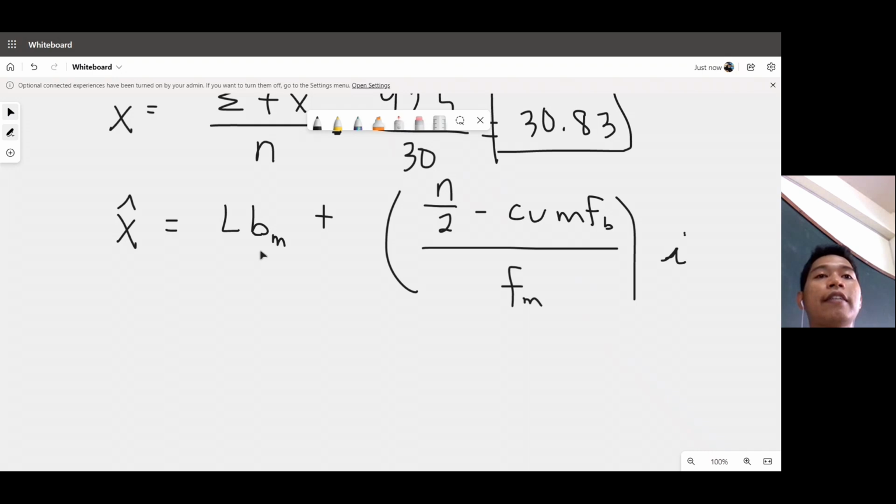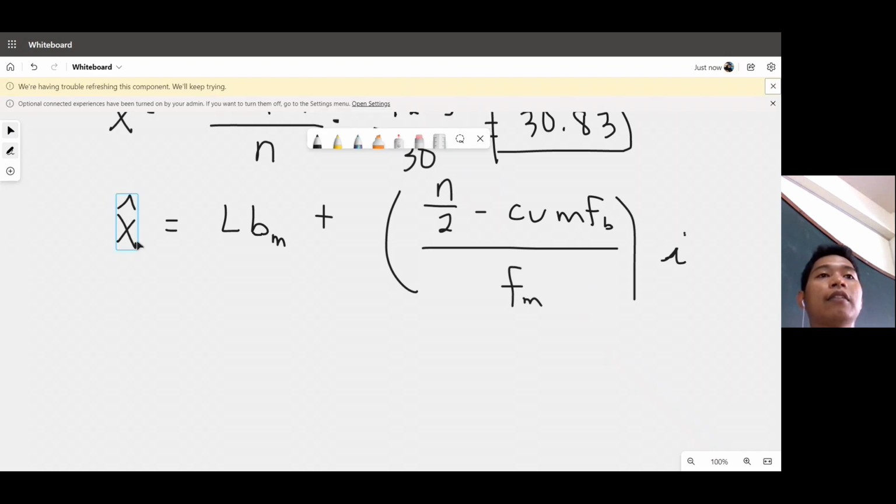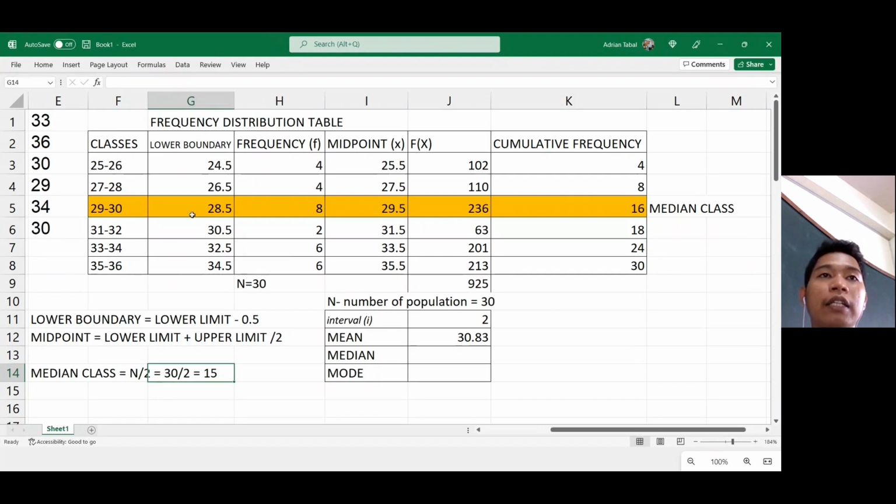Going back, x hat is equivalent to the lower boundary of the median class. The median class is the one highlighted. The lower boundary is 28.5.